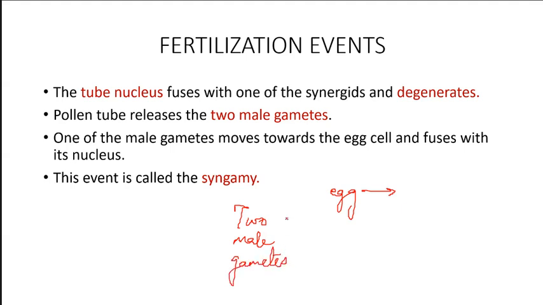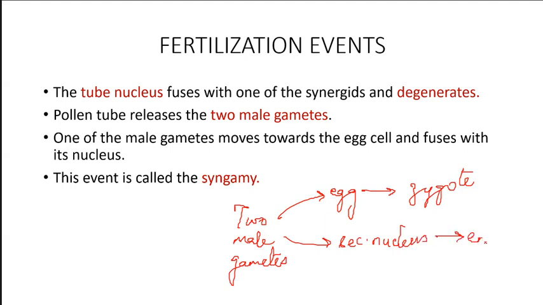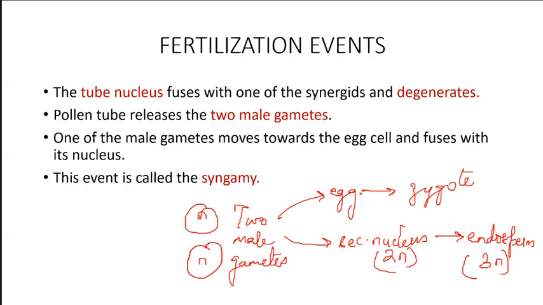Zygote. The other combines with the secondary nucleus, which is in the center, and forms what? Endosperm. The secondary nucleus is diploid, 2n. When one male gamete combines, it forms 3n. Clear?